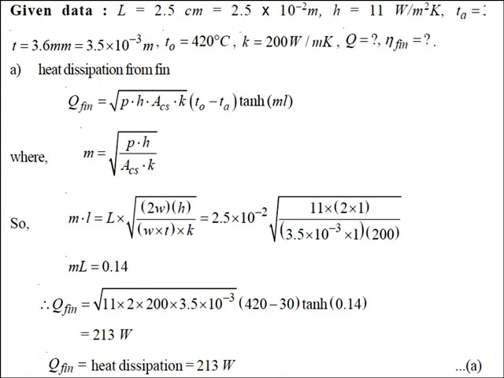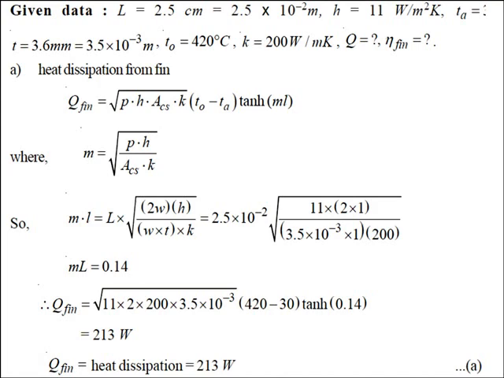If we multiply it with L, then mL equals L into under root of perimeter, that is twice the width, into convection heat transfer coefficient divided by cross section area, that is width into thickness into thermal conductivity. If we put all the values, we will get the value of mL, that is 0.14.